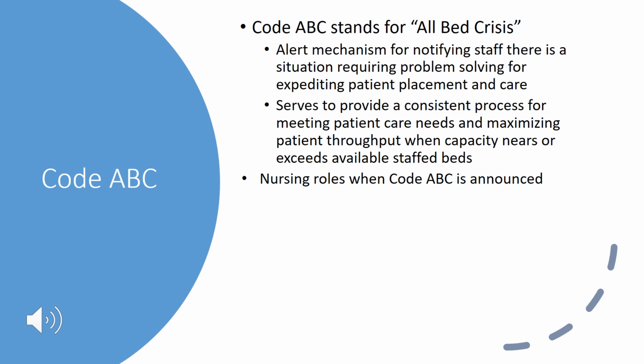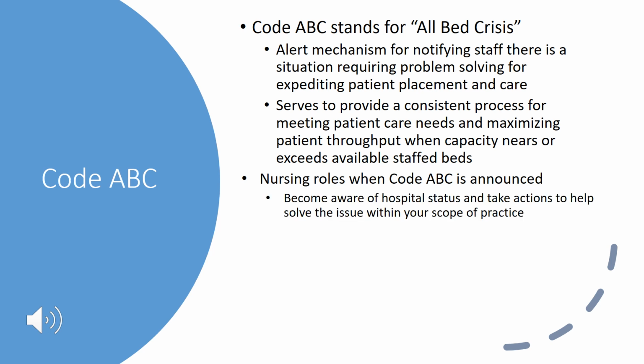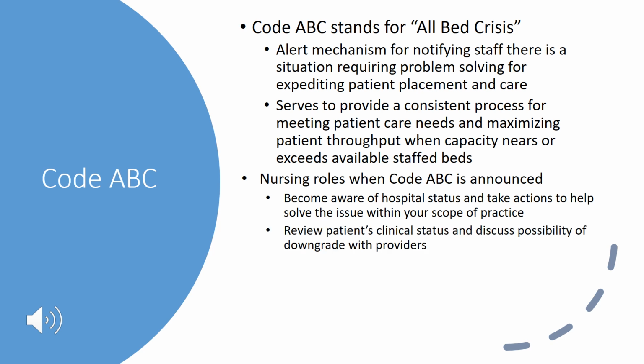First, become aware that the hospital is experiencing a high volume of patients, and it is affecting our ability to render timely care to people presenting to our hospital. Second, review your patient assignment and discuss the possibility of downgrading a patient with the respective provider. Lastly, if any of your patients have active discharge orders, work to discharge them as soon as you are reasonably able to avoid critical delays in provisions of care.